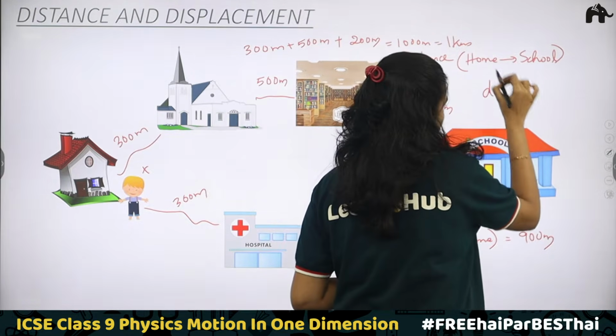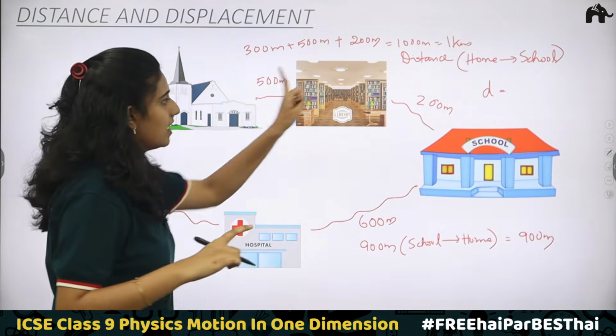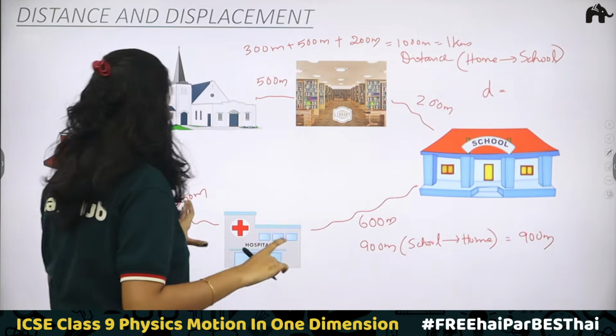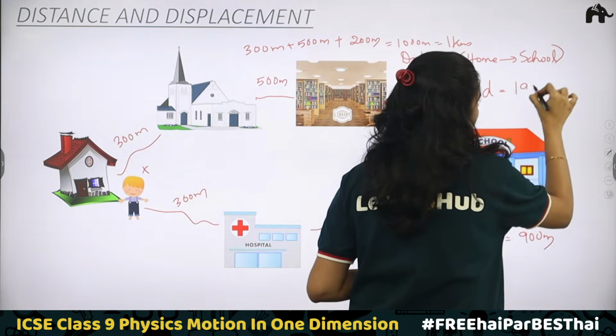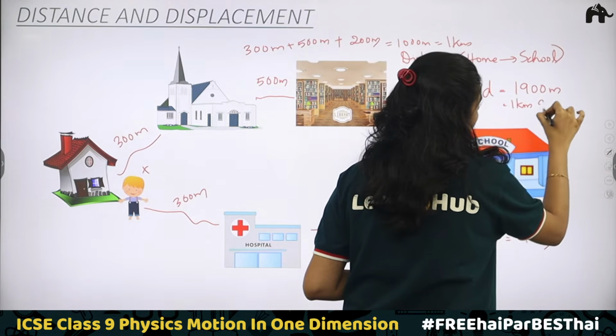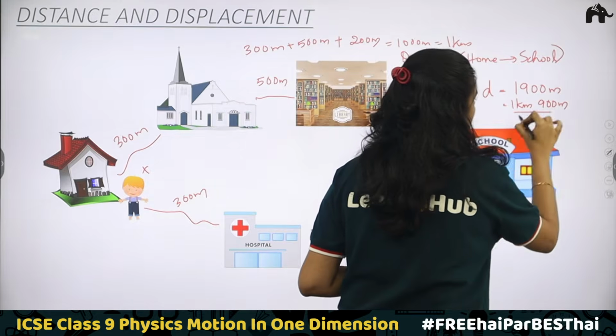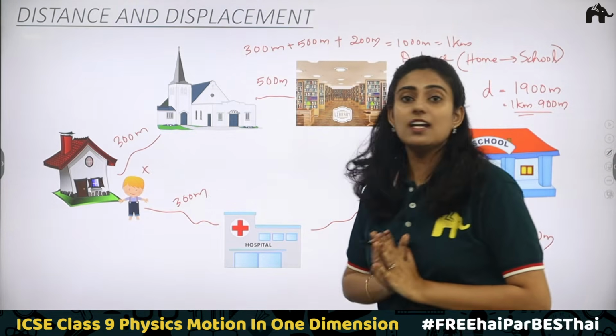Let's represent it by D is equal to adding all these, 300 plus 500 plus 200 plus 600 plus 300. Okay, you will be getting 1900 meters or 1 kilometer 900 meter. So, this total length of the path he followed is giving you the distance.